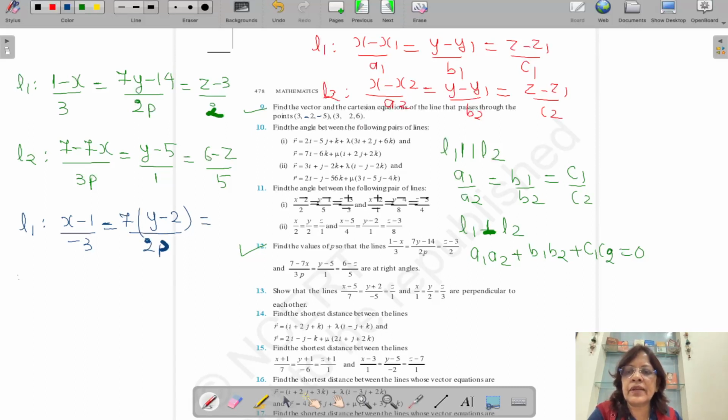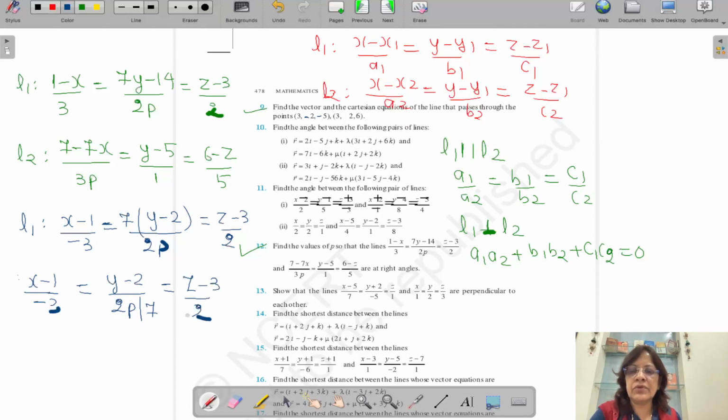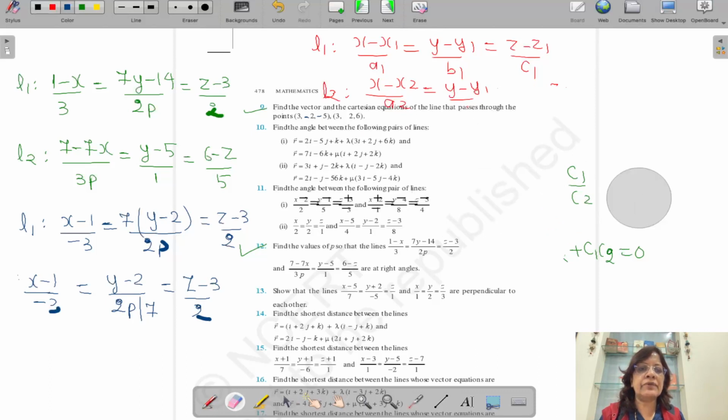This term is already z minus 3 upon 2. Now this is in the standard form. Coefficients of x, y, z are positive and 1.